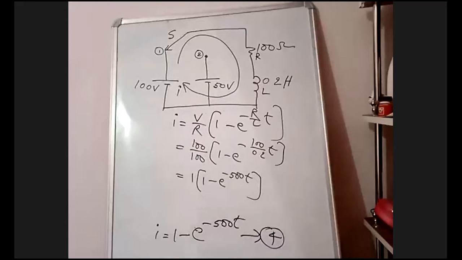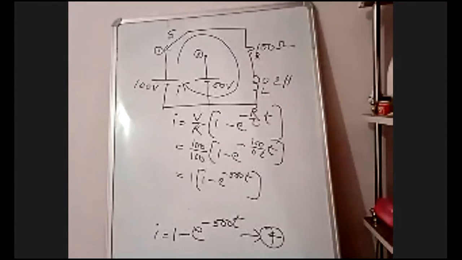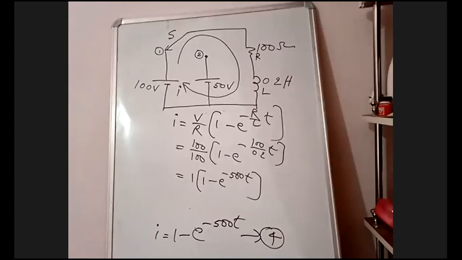We can do like this. The same. So when the switch is in position 1, this is the current equation.